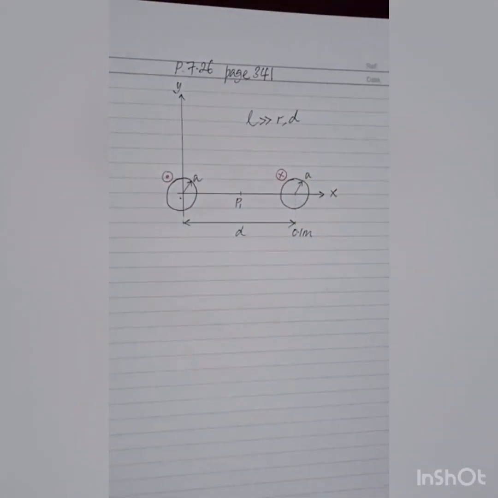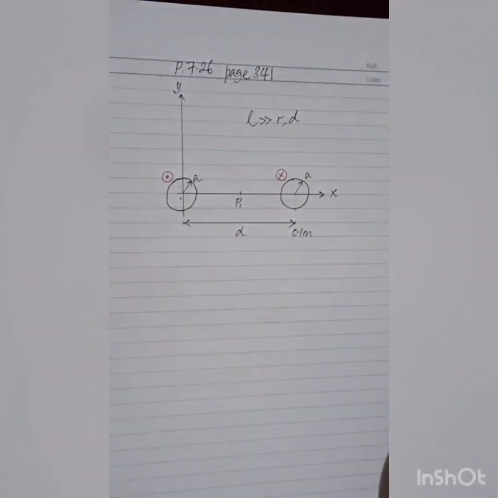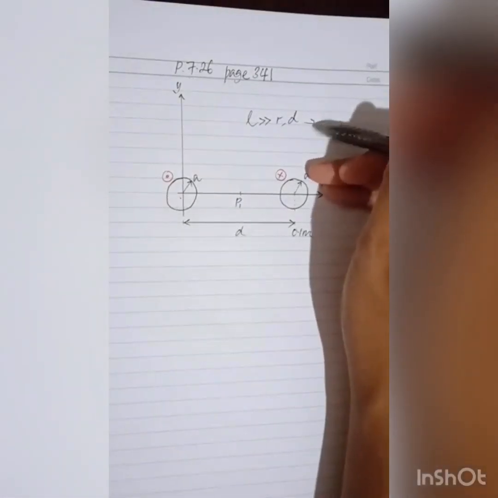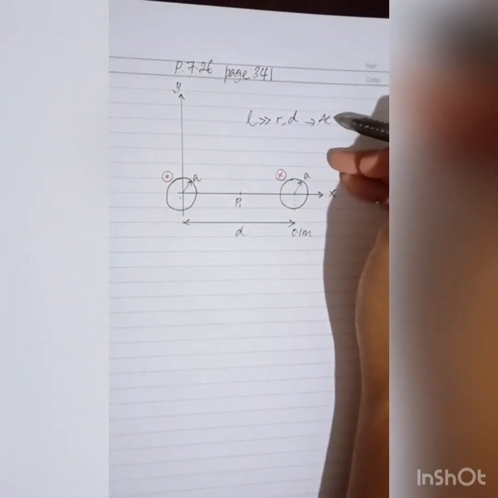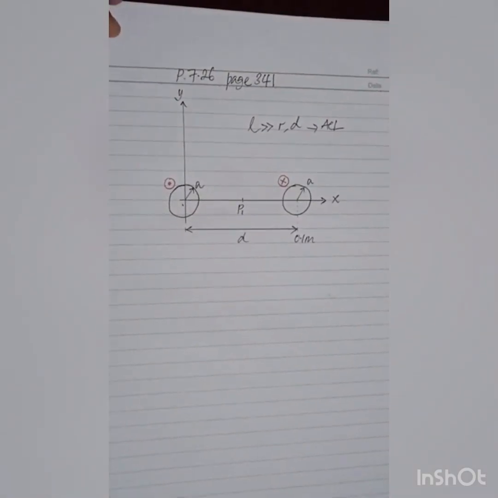Now, in practice we normally have very long transmission lines compared to the radius and the distance of separation, so we can simply assume this is a case of infinite line current. Therefore, we can use Ampere's Circuital Law to find the H field due to both line currents.